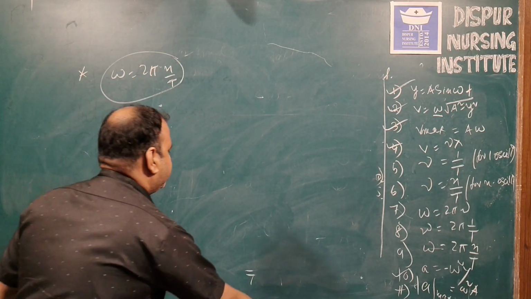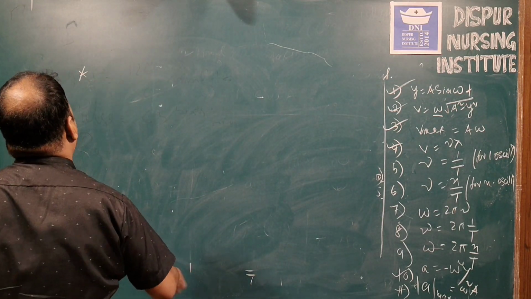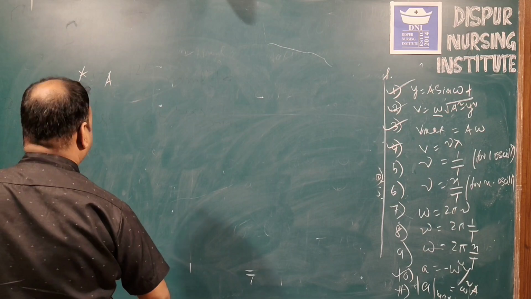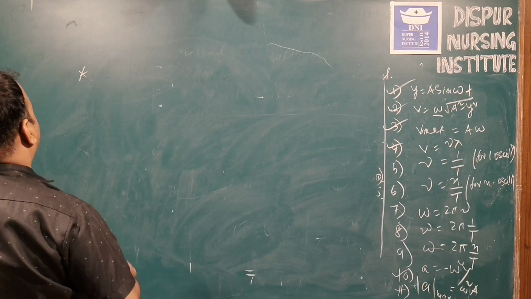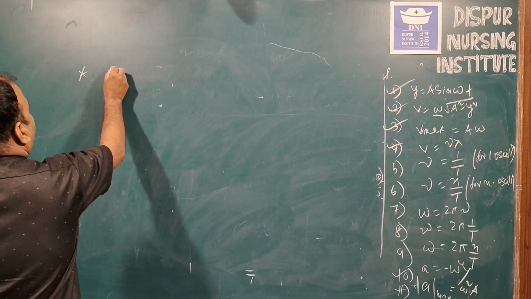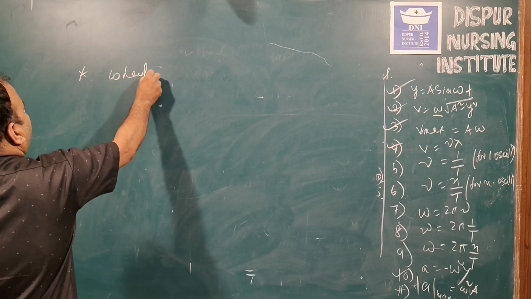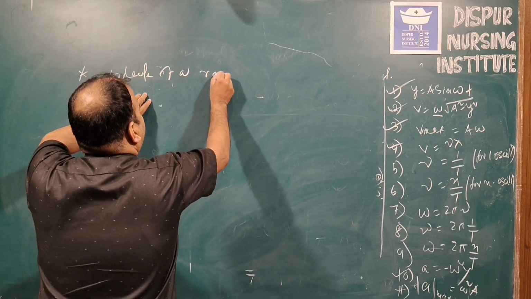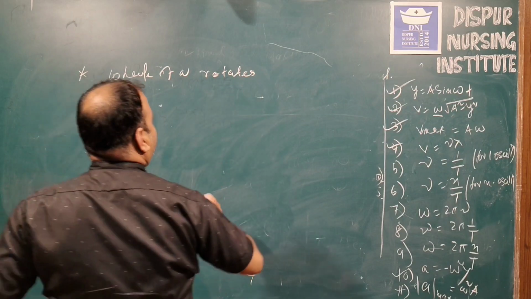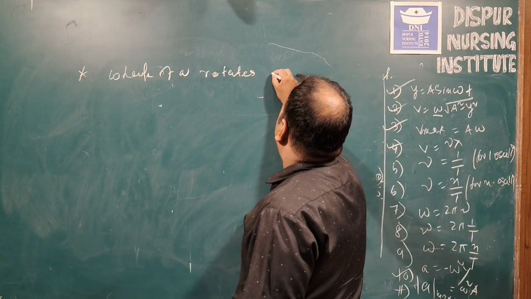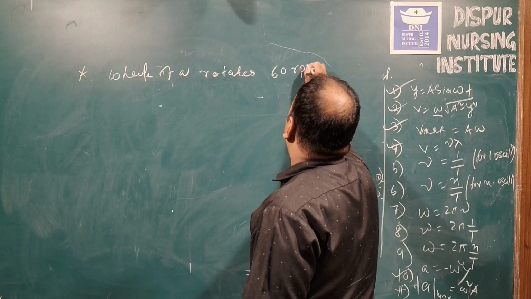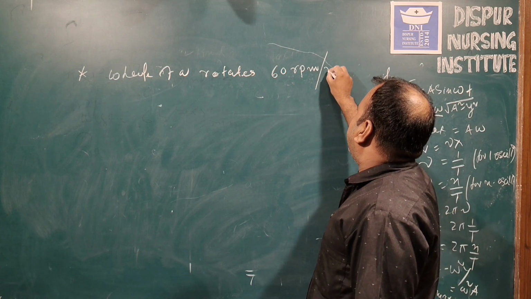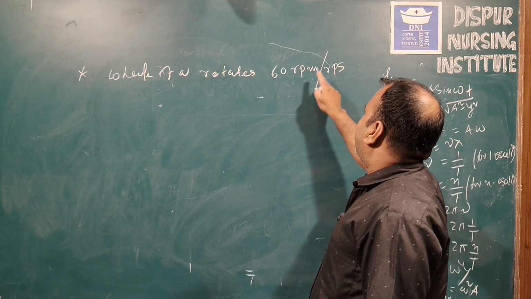So suppose you have given one question, suppose wheel of a car rotates 60 rpm, rotation per minute.